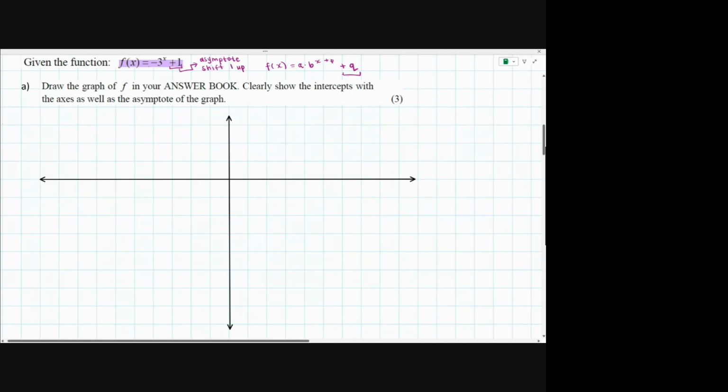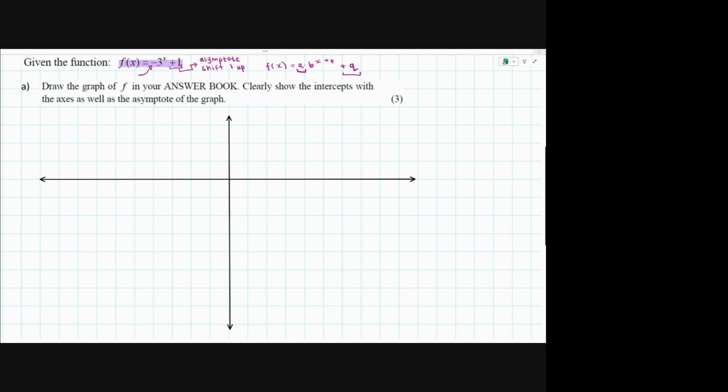Does anyone know what this negative in front of my base tells me? So this A value here, if that's negative, what does that mean? Nice, Bongi and Corsi, well done.